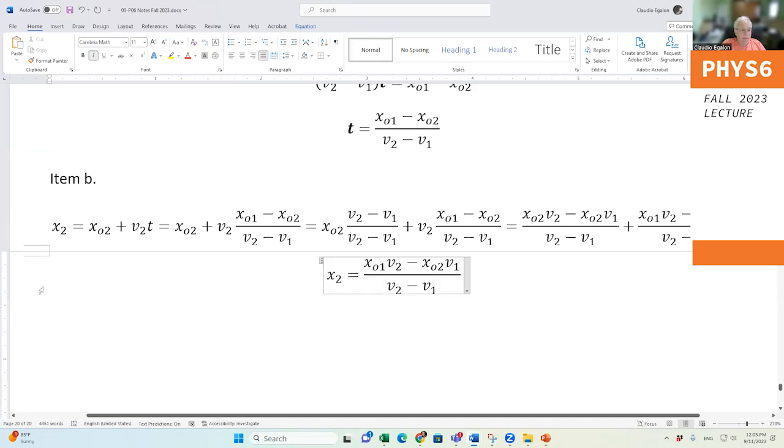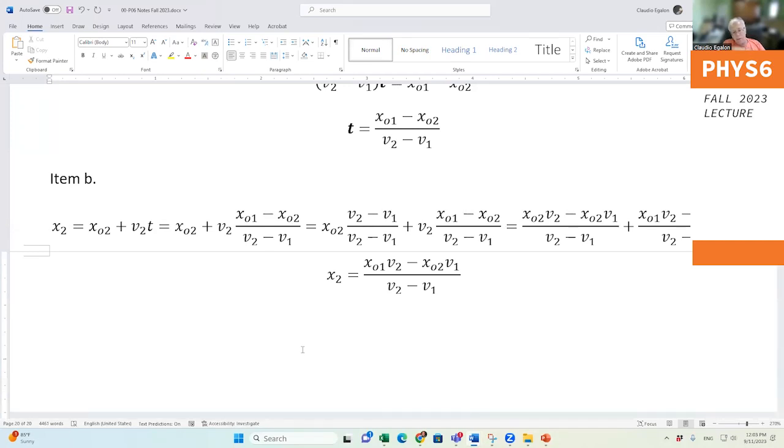So that's the position where they are going to be whenever one car catches up with the other one. Just a little bit later, car 2 is going to be ahead of car 1, right?